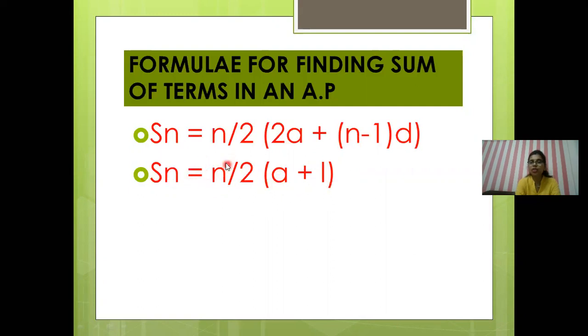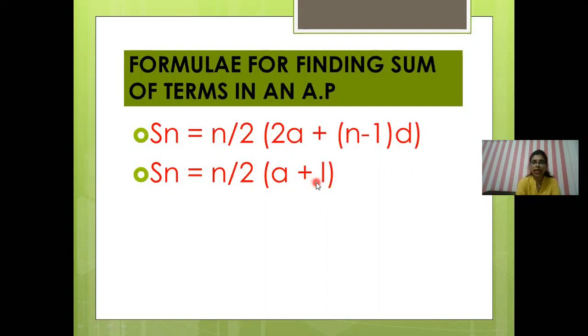That means they will give you the number of terms, but the value of d is not known to you. So in that case, if the value of a and l is given to you and n is given to you, then you are going to use the formula n upon 2 bracket a plus l.